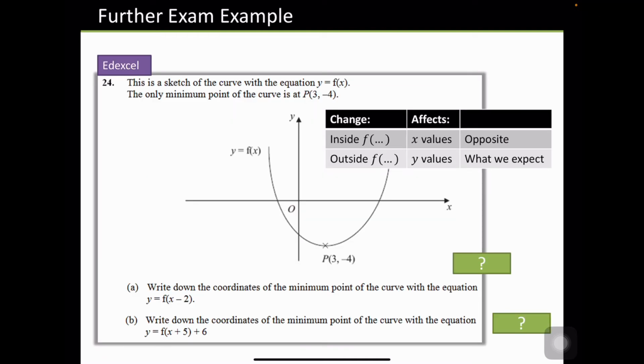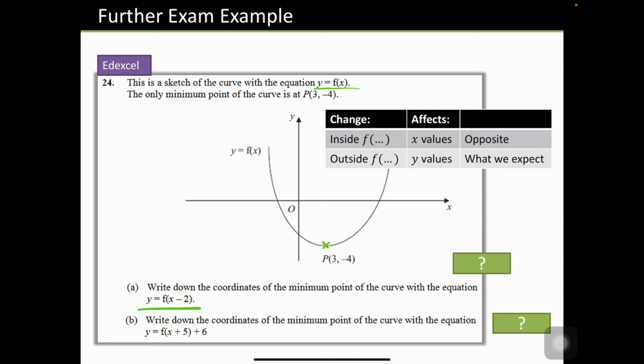Here we have another example. So y equals f of x. The only minimum point of a curve is at point P. Write down the coordinates of the minimum point of a curve with equation. So very similar question to the one we did on the previous slide. I would sketch it. So the -2 is within the brackets.